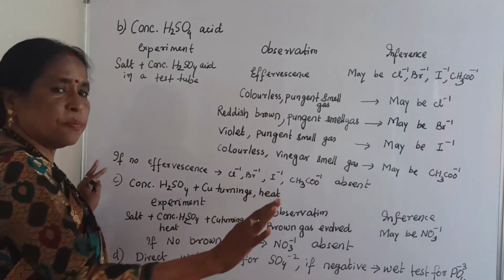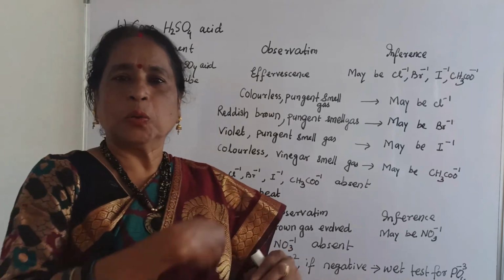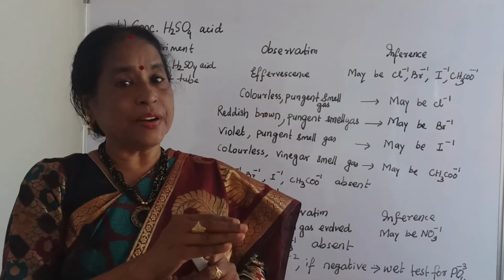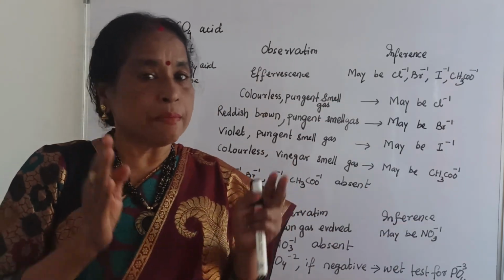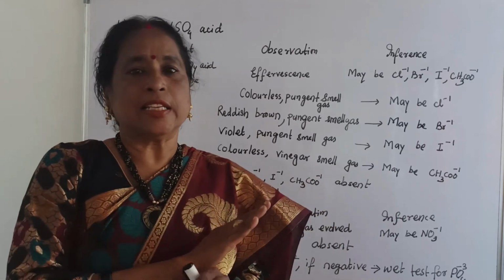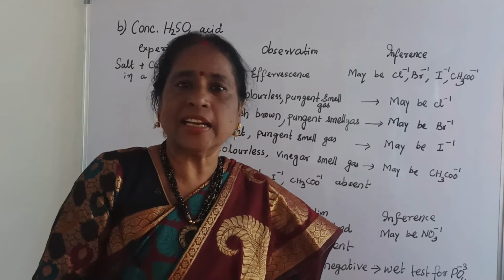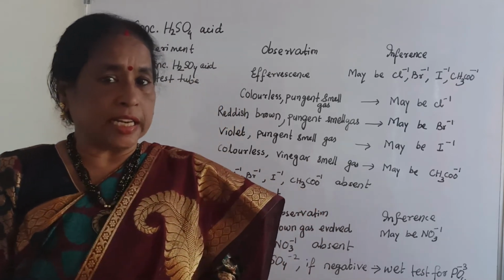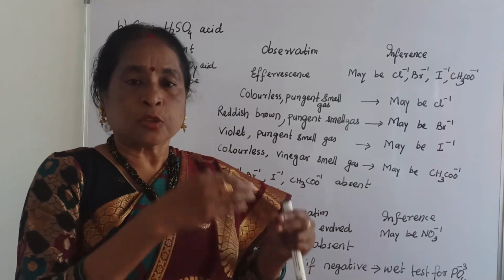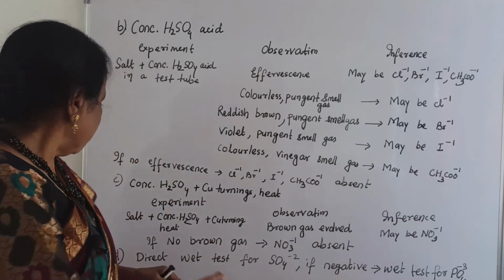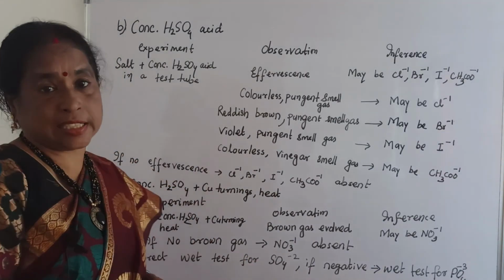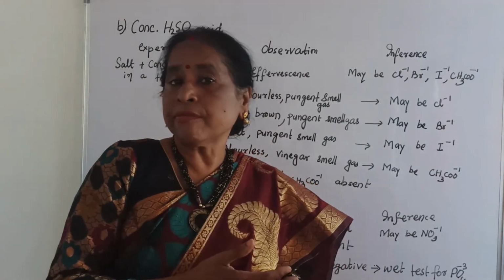If there is no brown gas, then you will go to the next level, that is the sulfate test and phosphate test. Mind it, for the sulfate test there is no dry test, and for the phosphate test there is no dry test. Here directly you will do the wet test, that is the confirmed test. So how do you proceed? First you proceed for the sulfate test. What are the confirmed tests of sulfate?